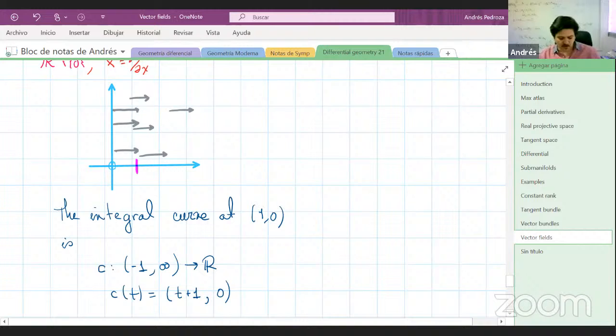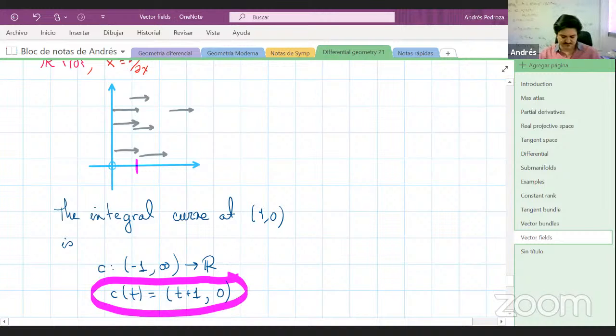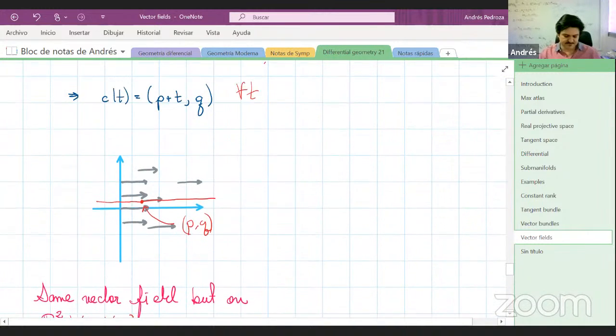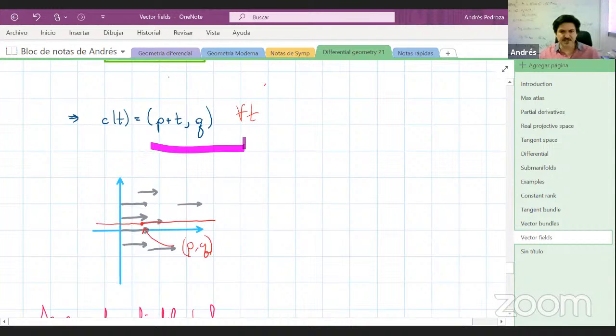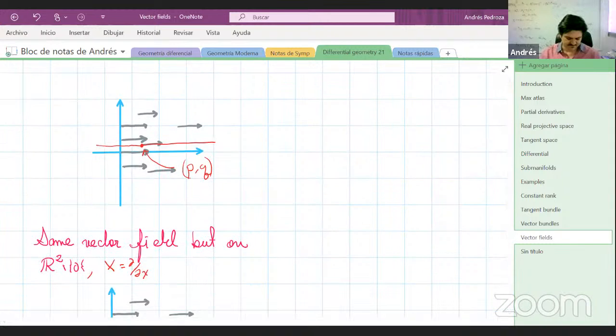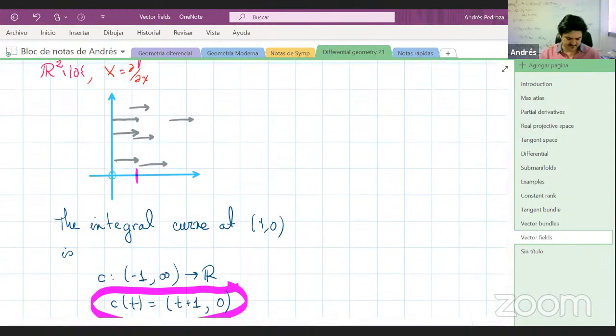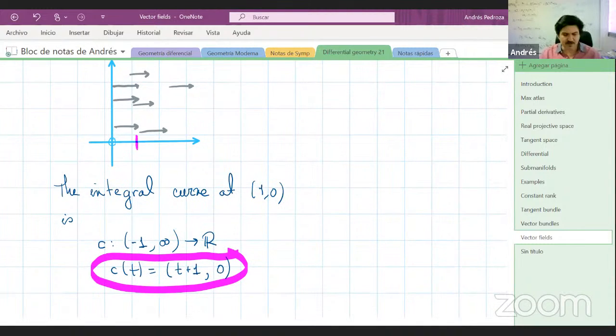I just wrote what we had before, the solution. Is this, yes. P plus T, comma T, right? So that's what I'm doing. I'm not doing anything different.